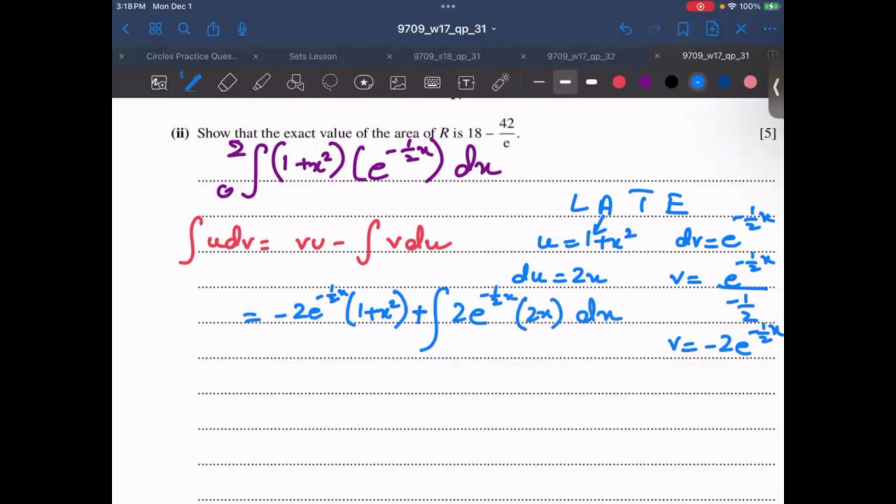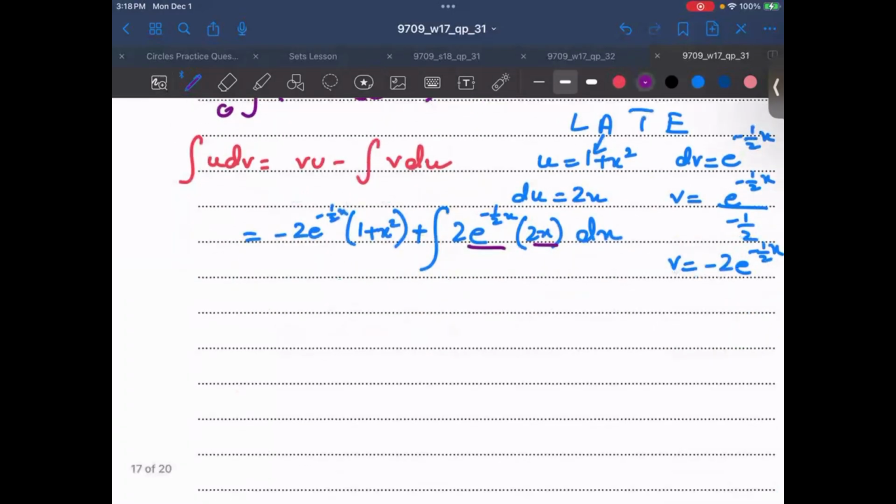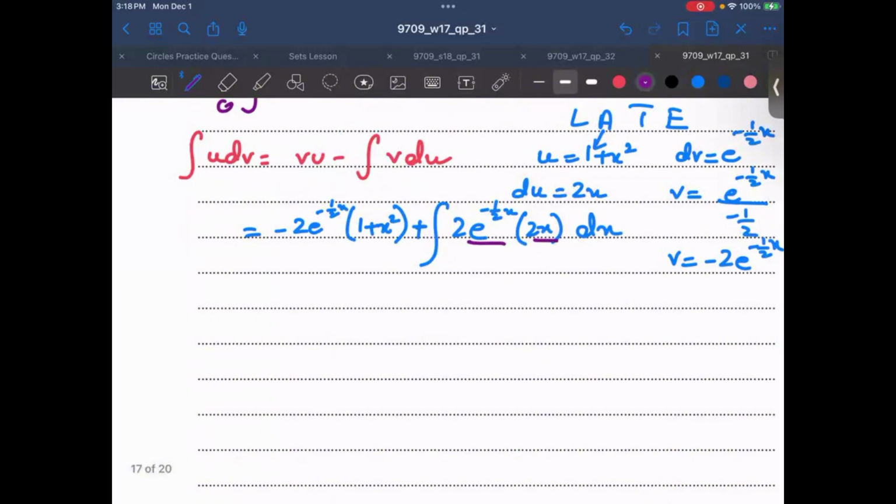Now we'll again have to apply integration by parts over here, as again we have two different terms that are multiplying. So we'll write it as minus 2 e power minus half x into 1 plus x squared. We can write 2 times 2, which is 4, outside the bracket. And now we have x e power minus half x, which we have to integrate.